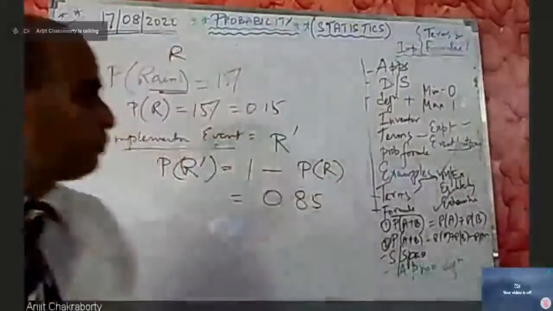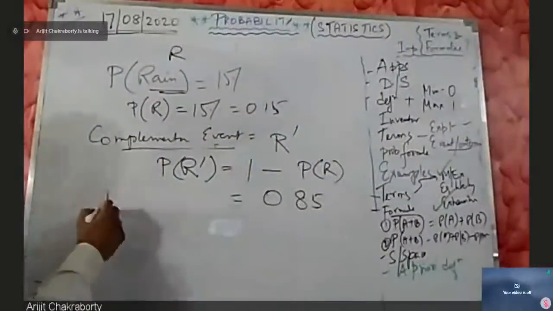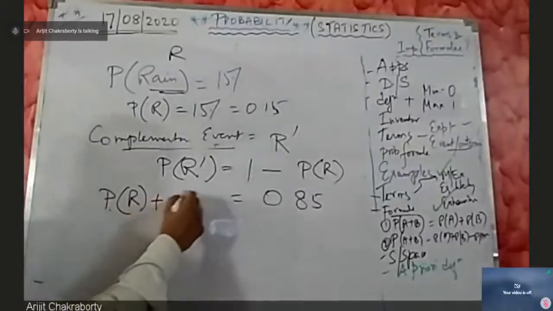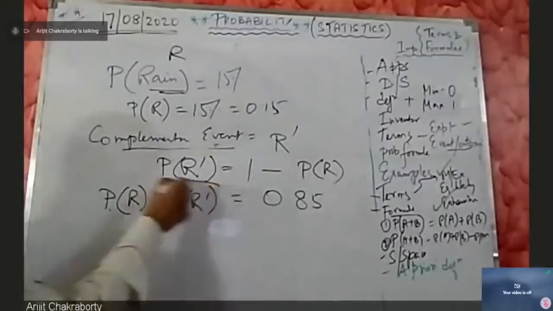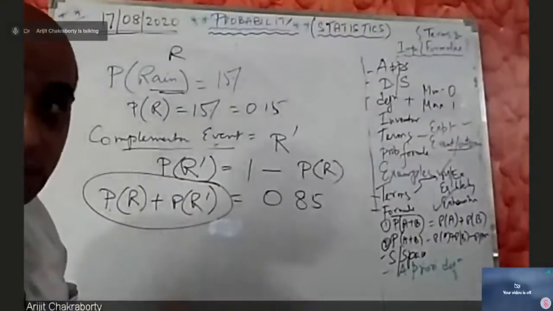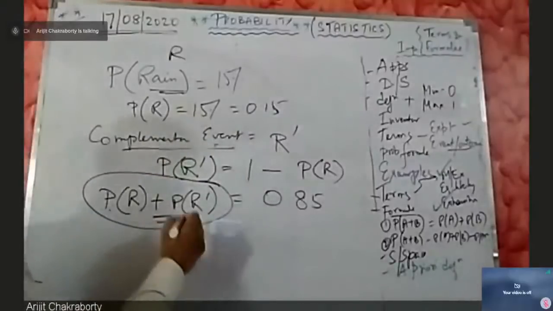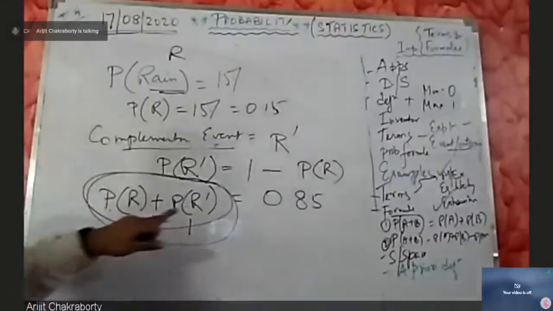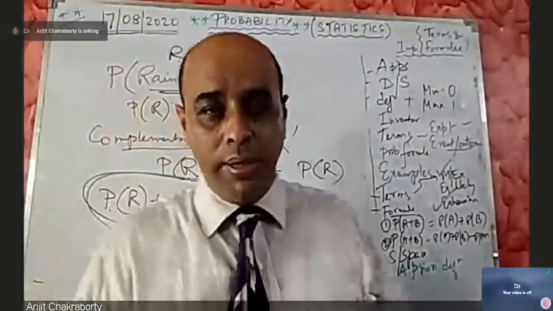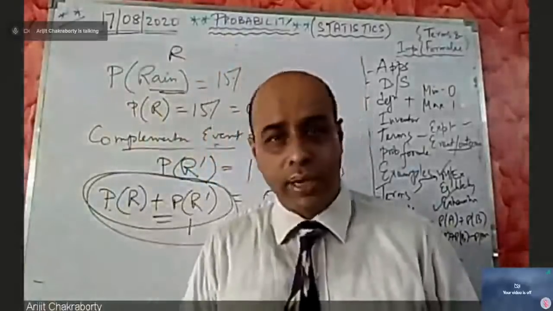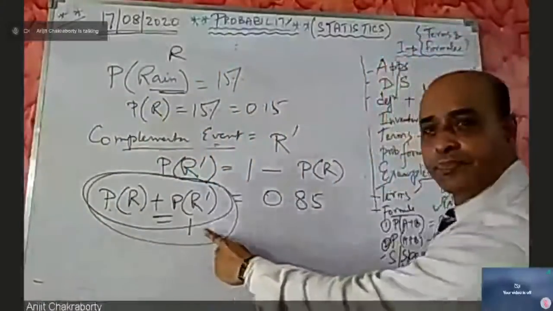Please remember a simple formula based on this. P(R), the probability of event R, plus P(R dash) will always be equal to 1, has to be equal to 1. So please note this formula: the probability of an event occurring plus the probability of its complementary event has to be equal to 1.